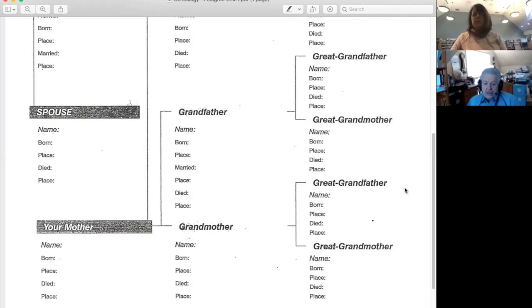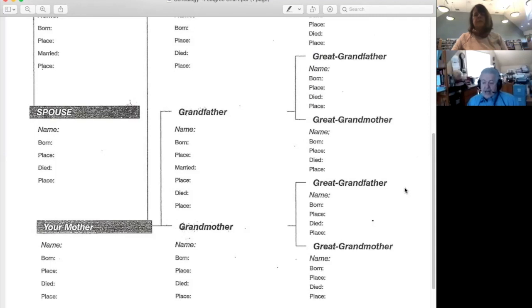But you'll see that as you go out to the generations from moving from left to right, you're going to have a multiplier effect. And so you have two parents, four grandparents, but eight great grandparents.